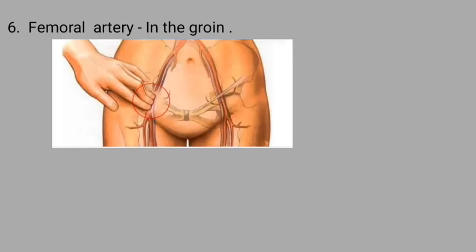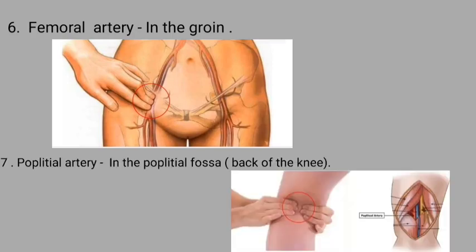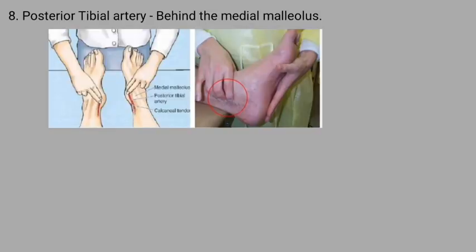Then sixth artery, femoral artery. Femoral artery is located in the groin. Then seventh artery, popliteal artery. Popliteal artery is located in the popliteal fossa, means back of the knee. Then eighth artery, posterior tibial artery.